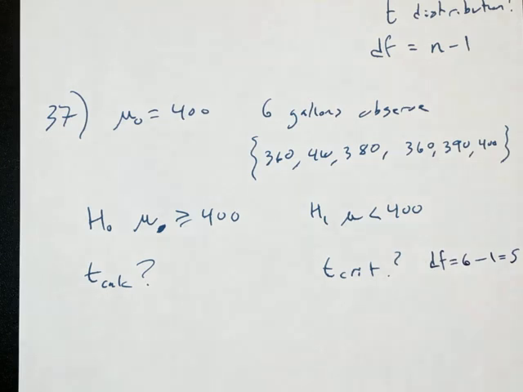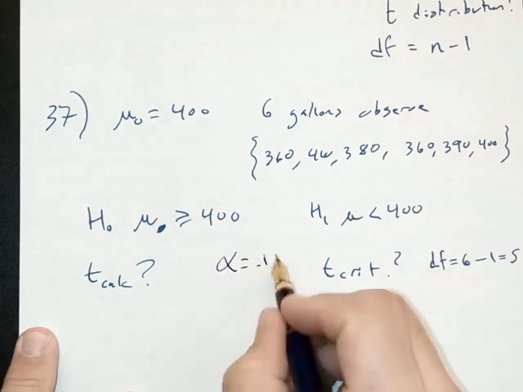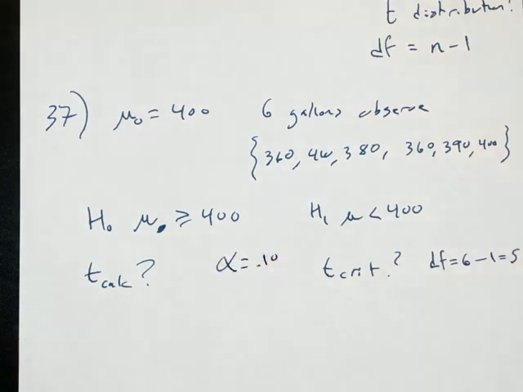So I go to the 5 table. DF 5. Now, what confidence interval? It says in the problem at the 10% significance. So alpha is 0.1. That's our 10% level of significance, which is a 90% confidence interval.